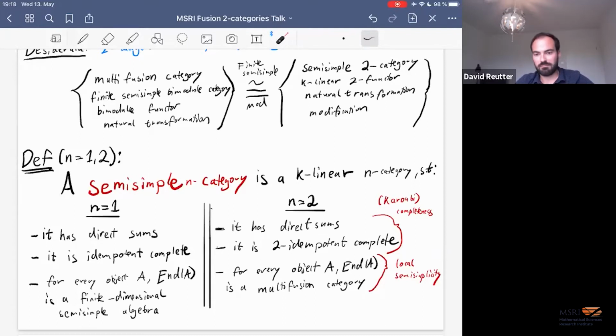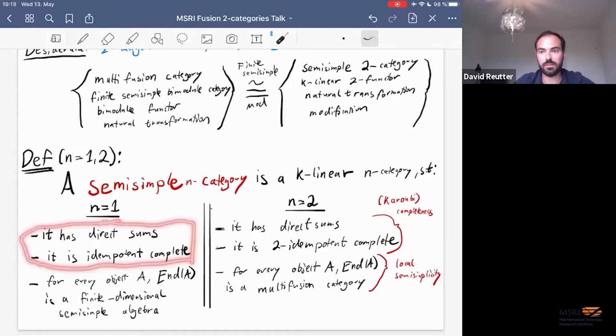So what we are seeing here is that there are 2 sorts of conditions around. One of them is the local semi-simplicity. This is where the actual linear algebra happens. This is the actual condition. And then there are 2 other conditions which guarantee this Karoubi completeness. And this is what makes the Eilenberg-Watts theorem essentially tick. This is a completion that guarantees that we get functors on this side here.